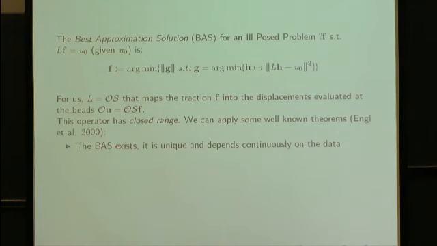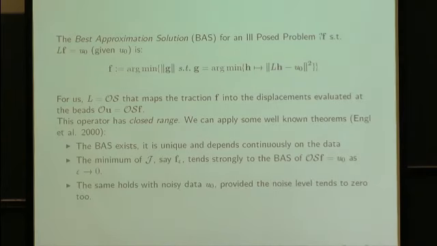As we can see, the best approximation solution exists and depends continuously on the data, and the solution of the regularized problem tends to the best approximation solution as epsilon, the Tikhonov filter, tends to 0, and the same holds if the data are noisy.